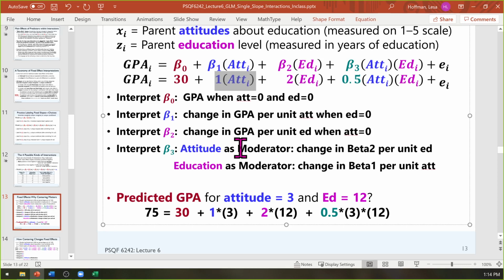It's not that attitudes don't matter. It's that they don't matter in people who've never been to school. But this model suggests that the extent to which attitudes matter, the slope, becomes more positive, stronger, as attitudes increases. So at some point, that positive slope is going to cross the threshold for significance and it will matter. It's just that attitudes matters differently for different people if the interaction term is significant.